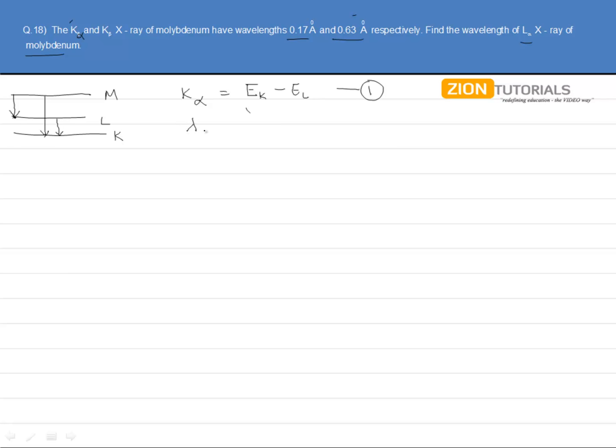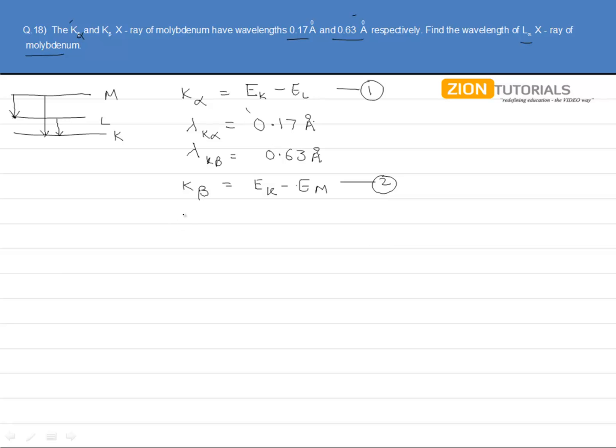The wavelength of K alpha transition has been given as 0.17 angstrom, and the wavelength of K beta X-ray has been given as 0.63 angstrom. The expression for K beta energy we can write as energy of K shell minus energy of M shell, marking it as equation number 2.